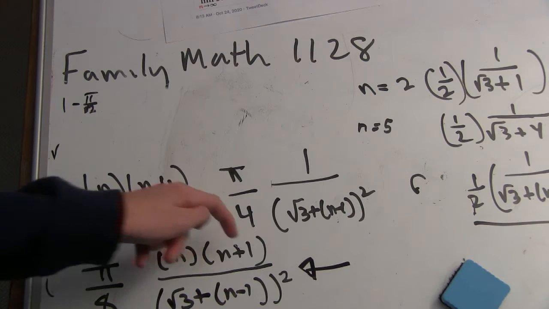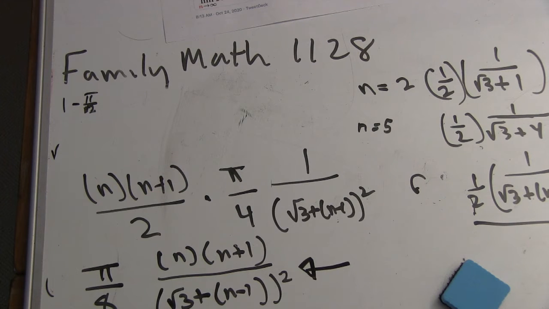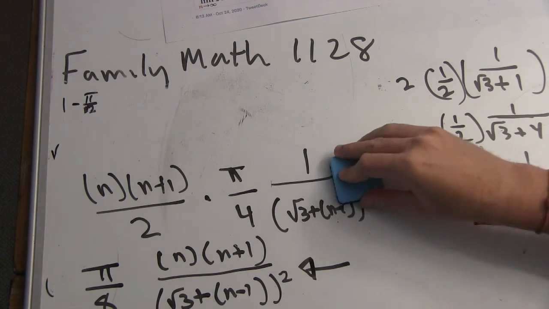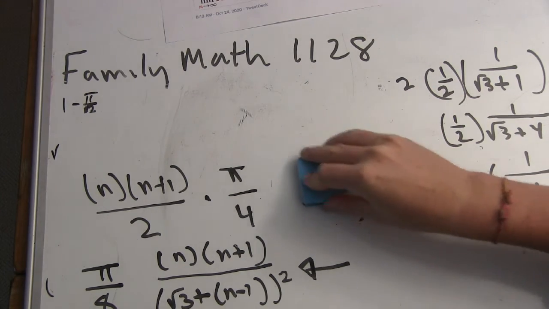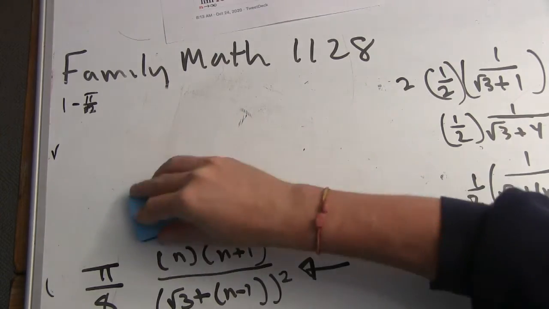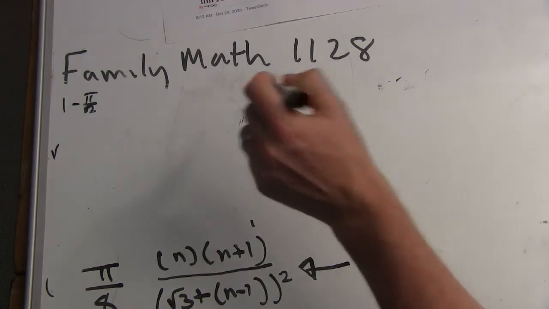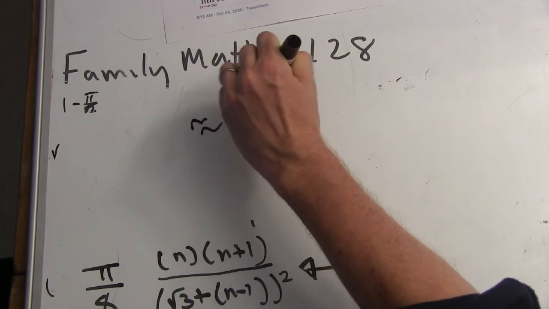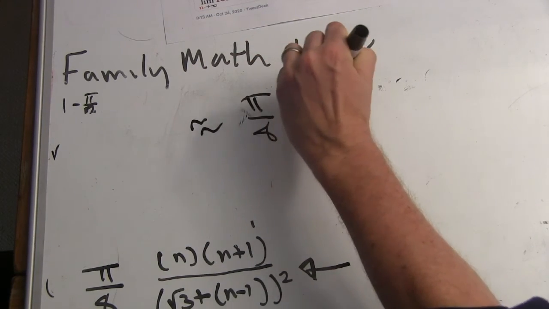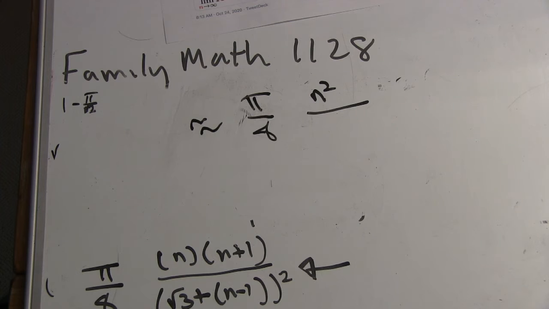Well, this plus 1 won't really matter, so it'll look like n squared on the top. As n gets large, this starts to look like pi over 8 times n squared on the top. And what about the bottom?